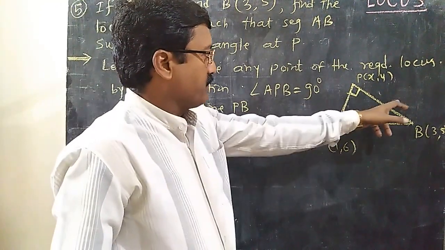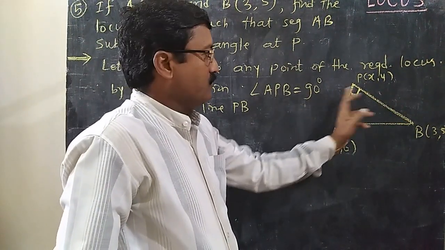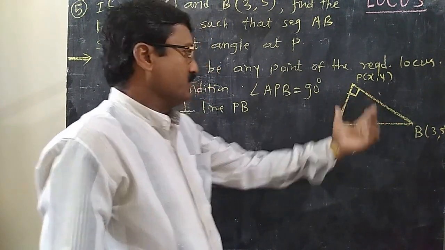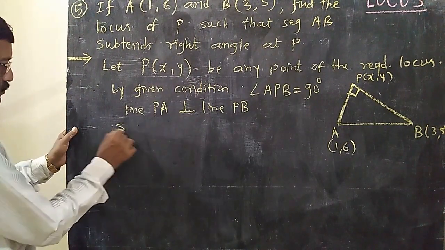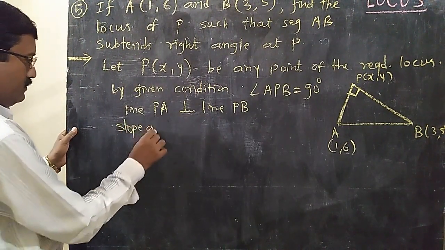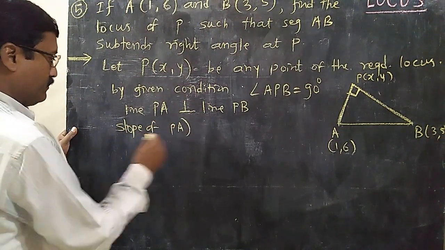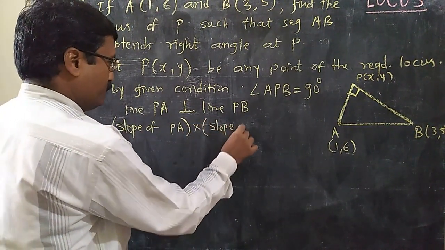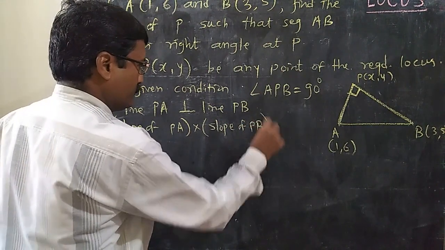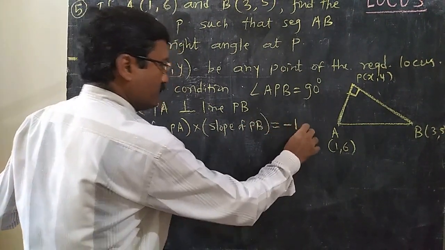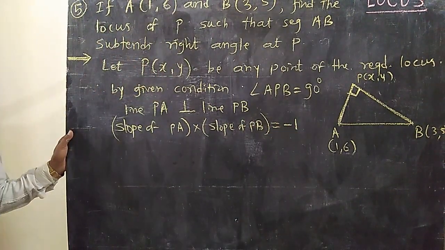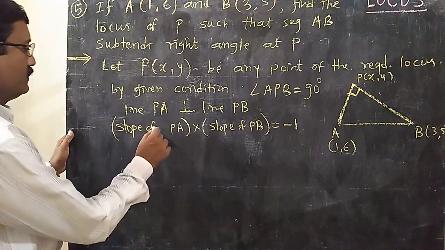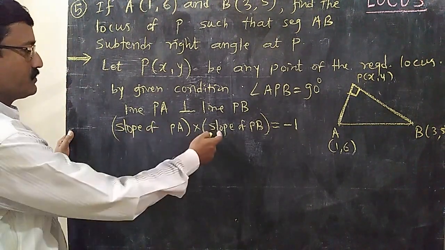As these two lines are perpendicular, we know that the product of their slopes is -1. Means slope of PA into slope of PB is equal to -1. Okay, we are using the concept of slope here.